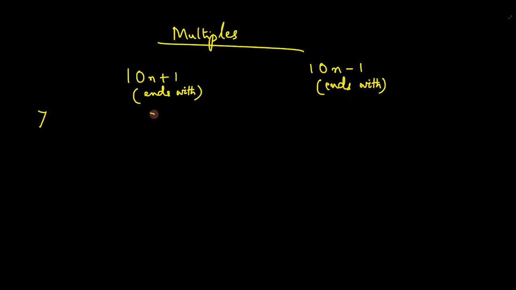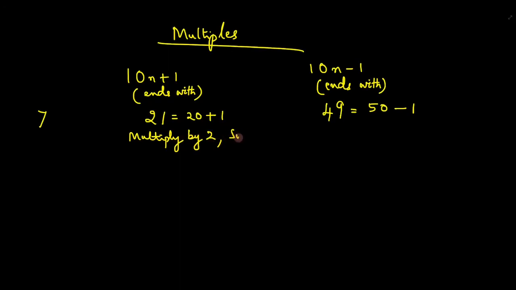For 7, we have 21 and 49. 21 can be viewed as 20 plus 1. 49 is 50 minus 1. Here the rule is multiply by 2, then subtract. The multiple is in the form 10n plus 1. So we subtract here in the rule. If the multiple is in the form 10n minus 1, then in the rule we have to add.